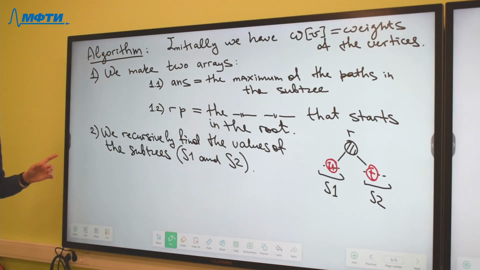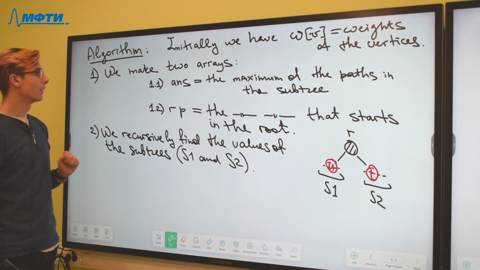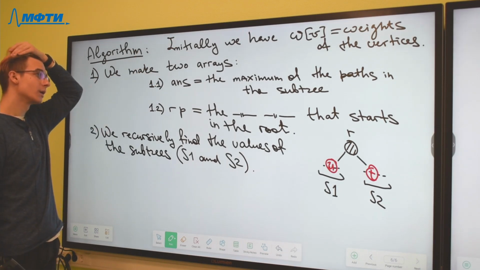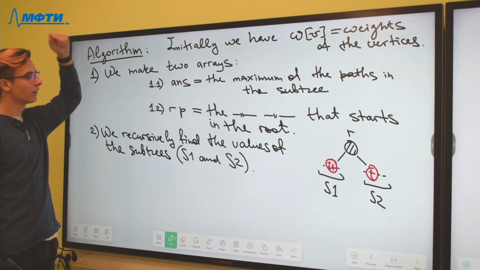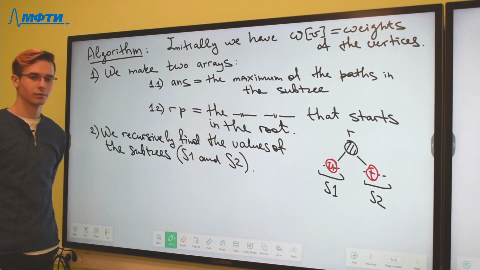Then, okay, if we have these three arrays, what can we say about, for example, RP for the R?